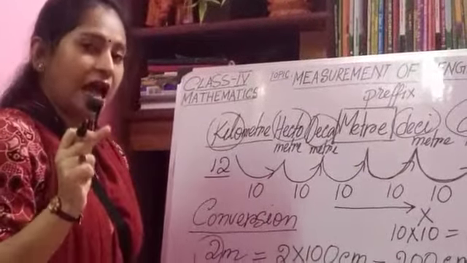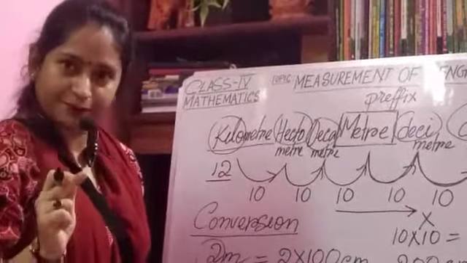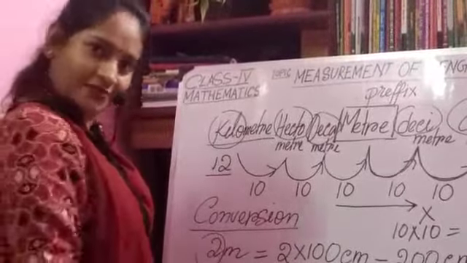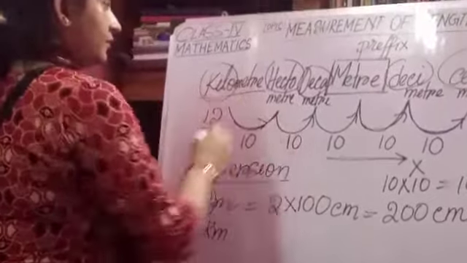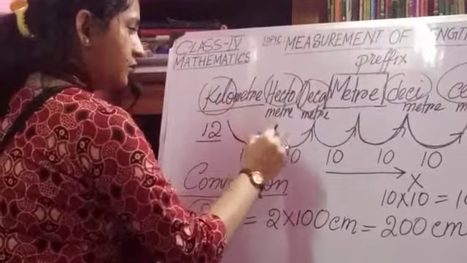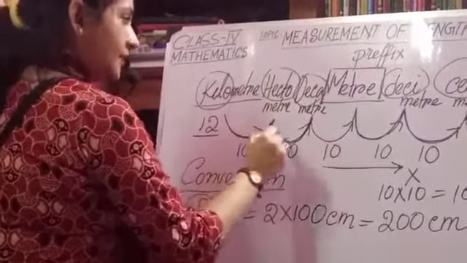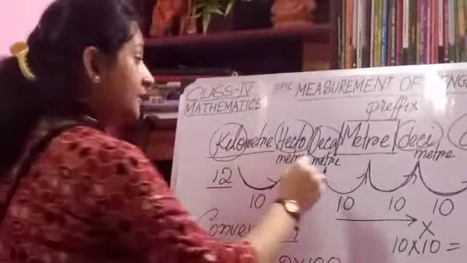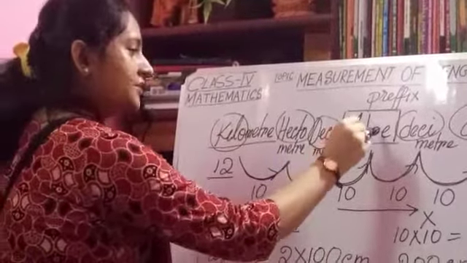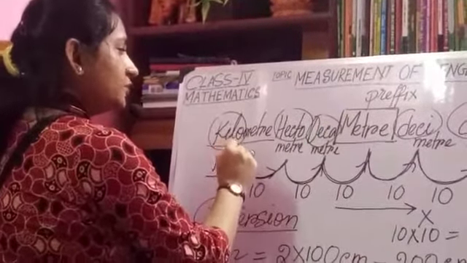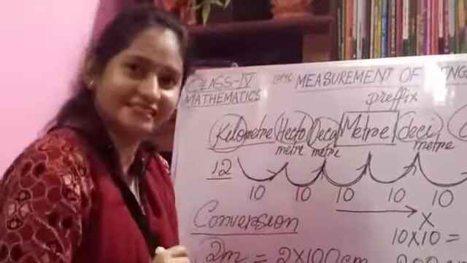But firstly, I have to count the number of gaps it has to pass. Right? So, 1 gap, kilometer to hectometer, 2 gaps, hectometer to decameter, and 3 gaps, decameter to meter. So, finally, 12 will reach its destination.